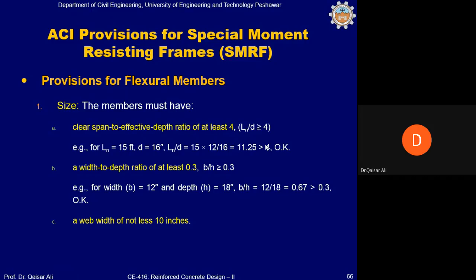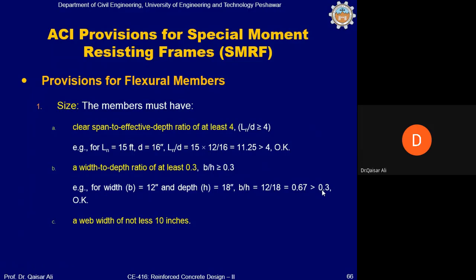The second provision is a width to depth ratio of at least 0.3. The width of the beam to depth ratio shall be greater than 0.3. For example, if the beam is 12 inches wide and 18 inches deep, then 12 by 18 is 0.67, which is greater than 0.3. You know this very well.